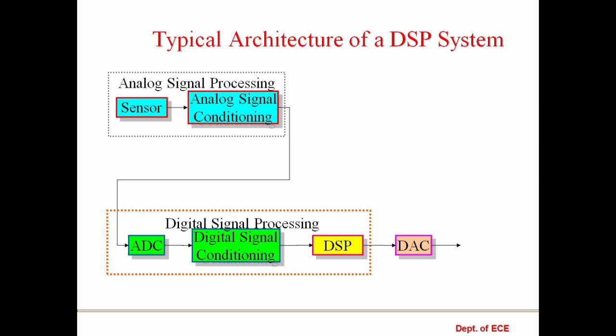The ADC output is given to the digital signal conditioning or digital signal processor. The processor will do the entire process, digitizing all the data from the analog signal output. Finally we get an analog output. So this is the typical architecture. From the analog signal processing we convert into the digital system, and finally once again we get the analog signal with the help of a digital to analog converter.